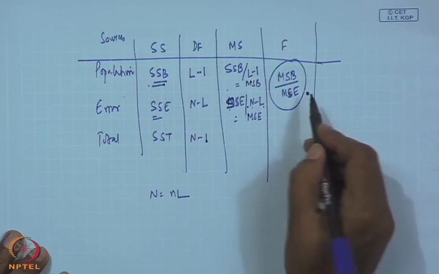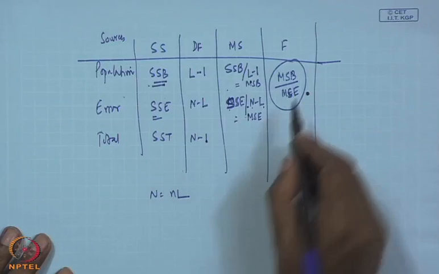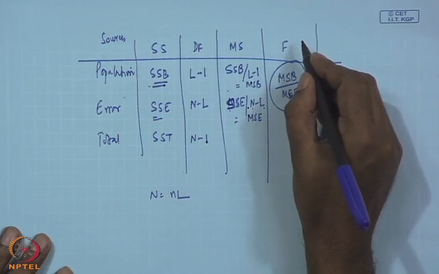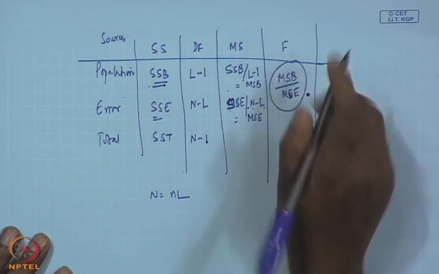And what will be the numerator and denominator degrees of freedom for F here?